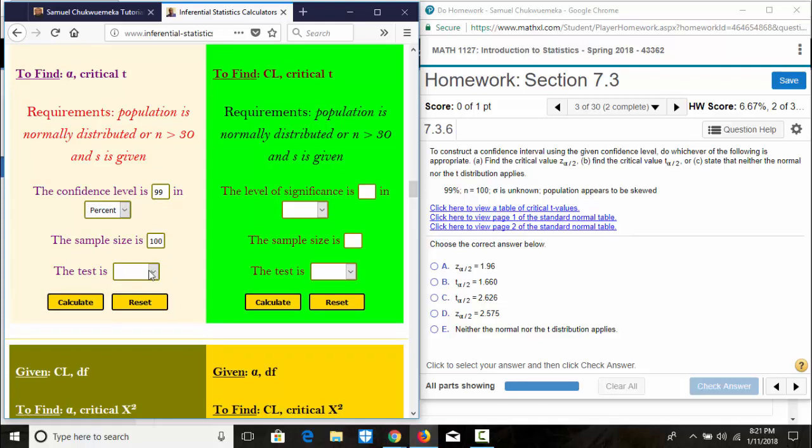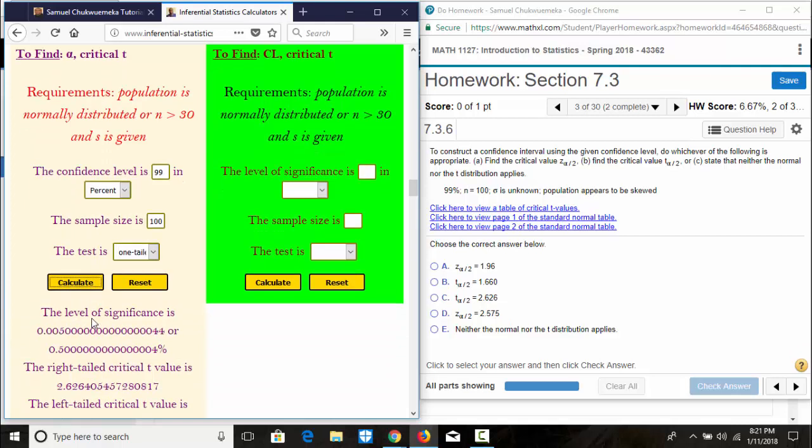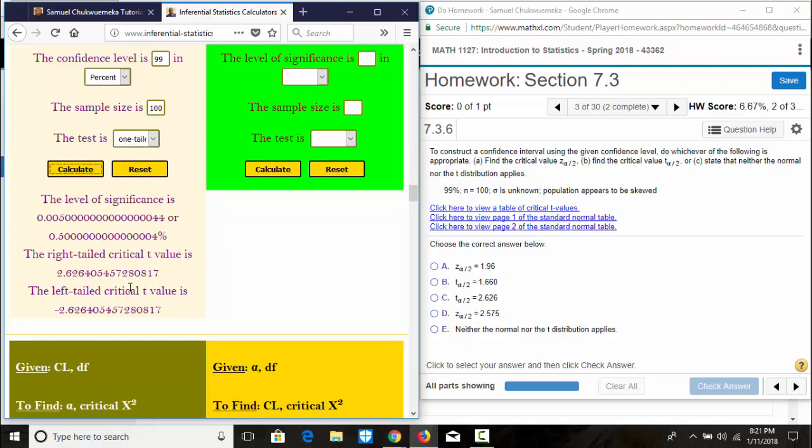For this video section, we are going to do one-tailed. Click calculate. They're looking for the right-tailed critical T value, and that is 2.626.